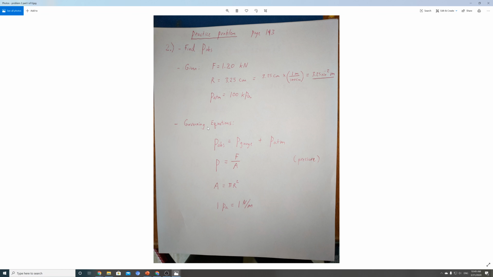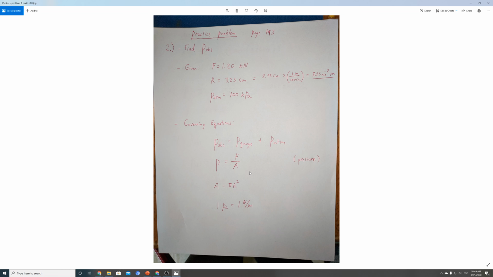Okay, so for governing equations, absolute pressure is what we're calculating, so that's what we need to find. We're going to find the gauge pressure and add it to the atmospheric pressure to come up with the absolute value. The second part of this is how do we figure out pressure? Well, inside of a cylinder, it's just going to be the force on the piston, pushing down, divided by the cross-sectional area.